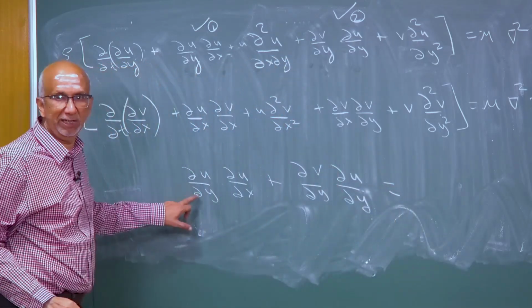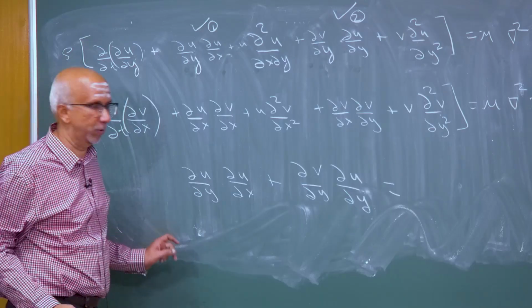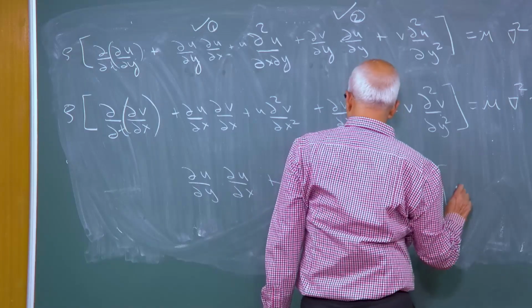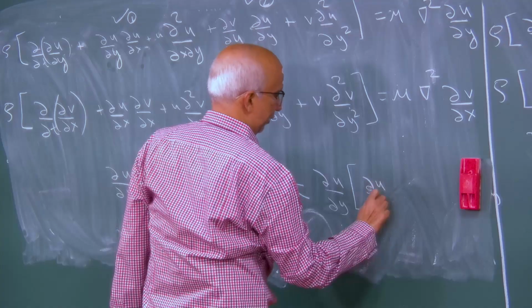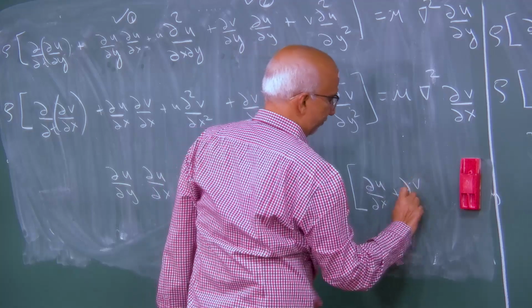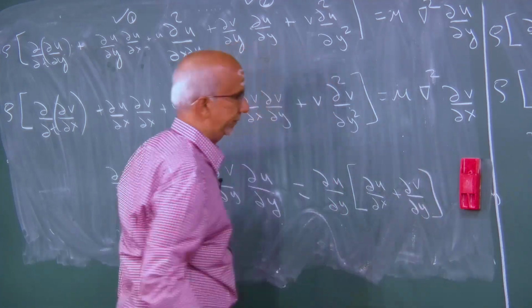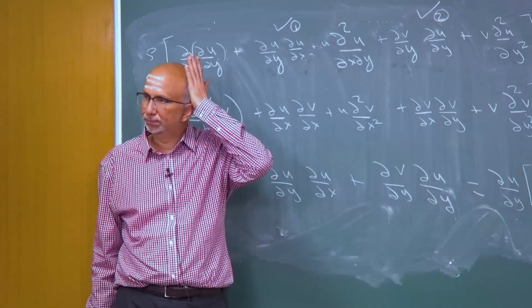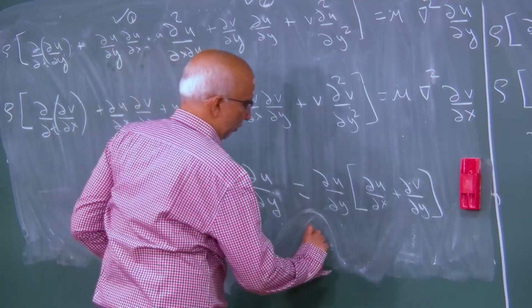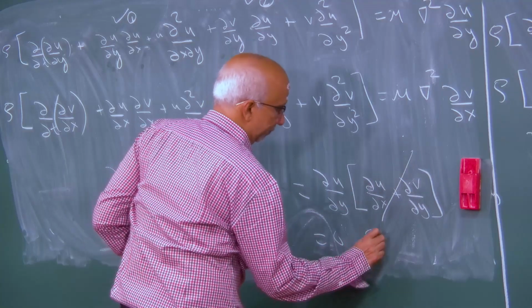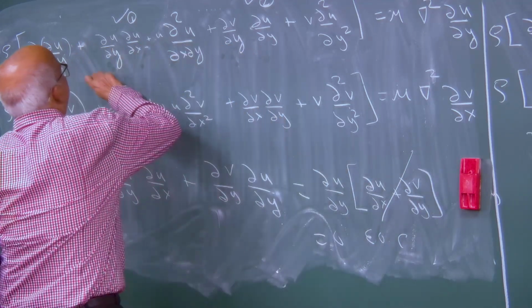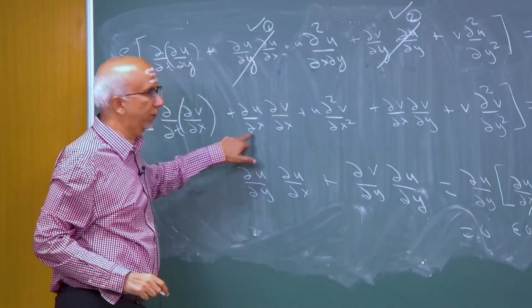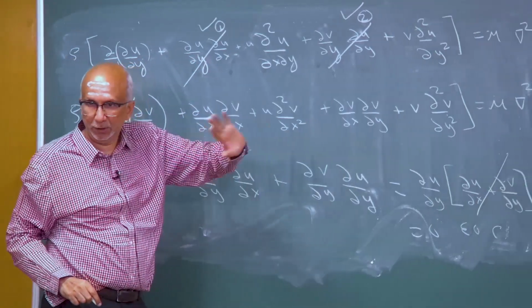I can factor out du by dy, and I get du by dx plus dv by dy, and because of continuity that is 0. So I don't need to worry about these two terms. Similarly, I don't need to worry about these other two terms, because of continuity they will cancel.